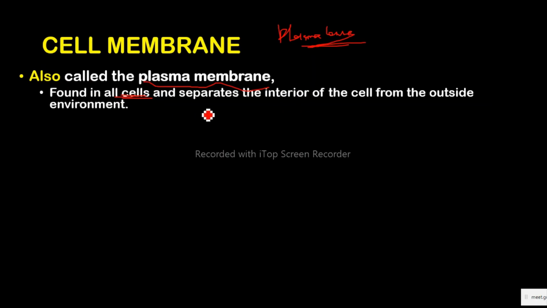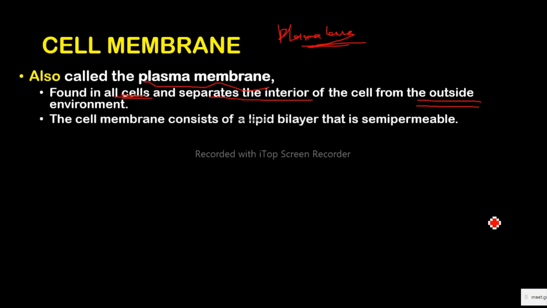And this membrane separates the interior of the cell from the outside environment, and it will regulate whatever is going to enter within a cell. Okay? So, this is a cell. It must have its own environment. And these cells are surrounded by the outside environment. And this constitutes the tissue fluid, for instance.